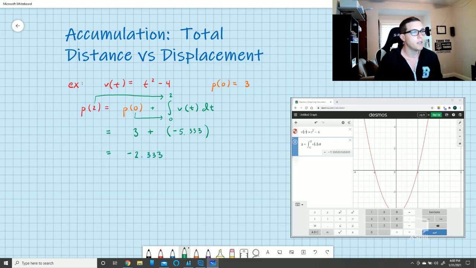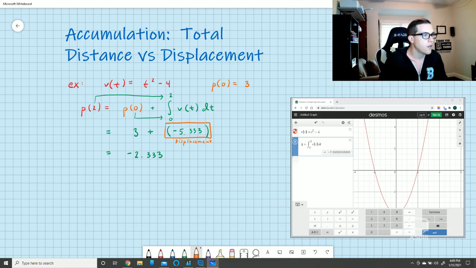That should make some sense. I traveled left, right? My velocity was negative. I'm traveling left during this time period from 0 to 2. Okay? So this key piece right here was your displacement. That's how far you actually ended up relative to where you started.